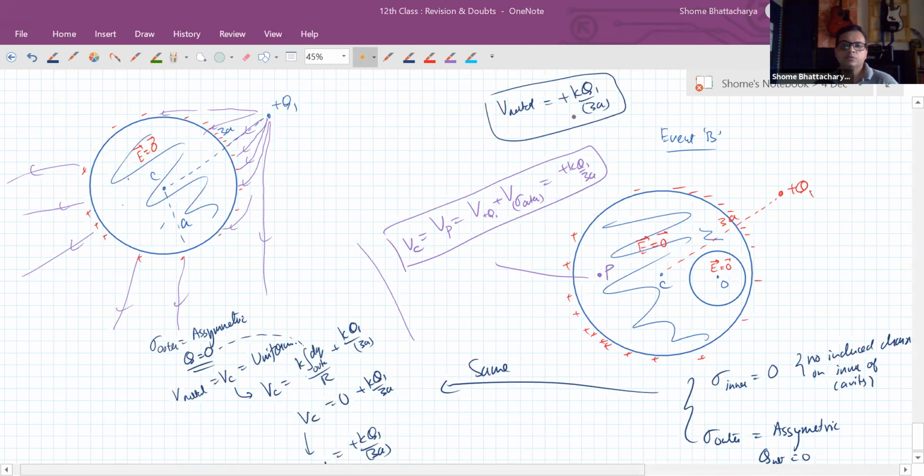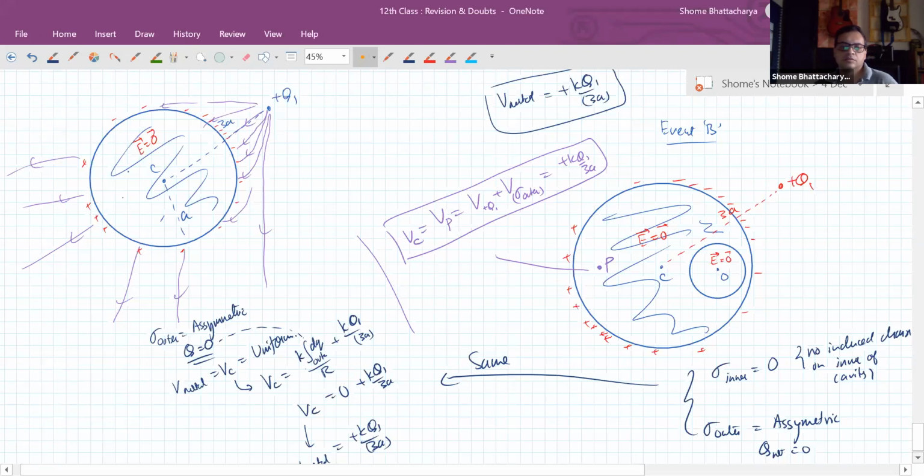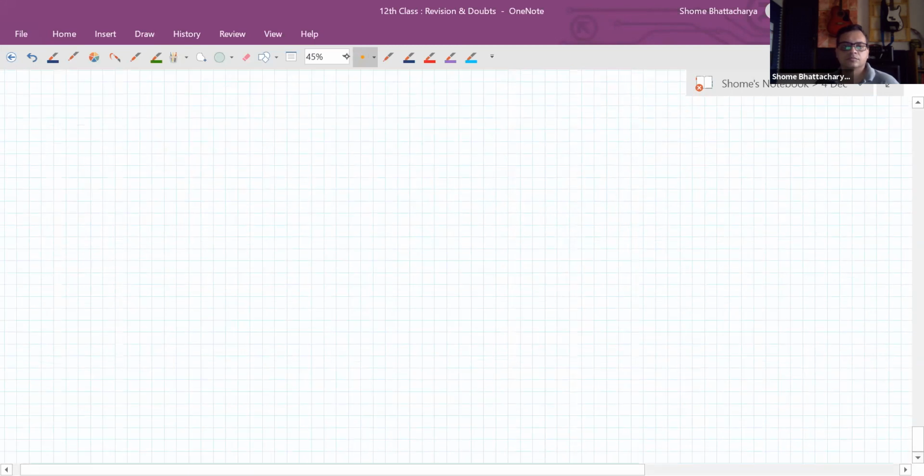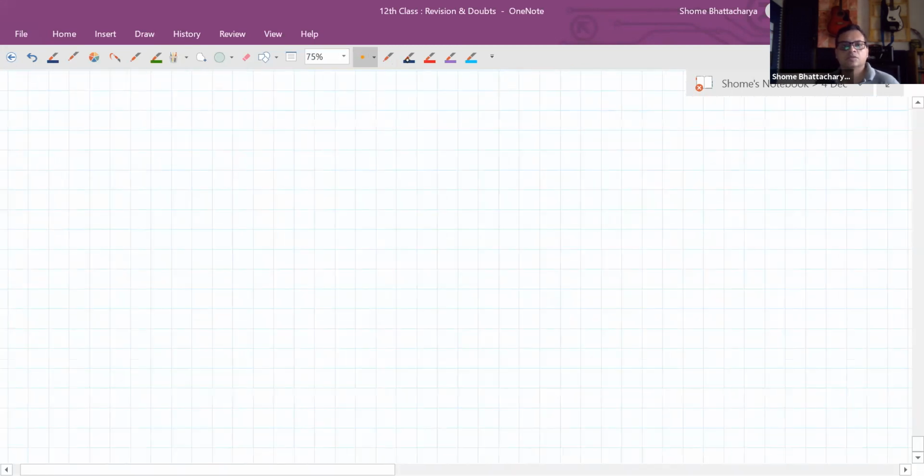Yeah, so now we have to superimpose the two events. So the potential will also become the sum of this potential and that potential. Okay.